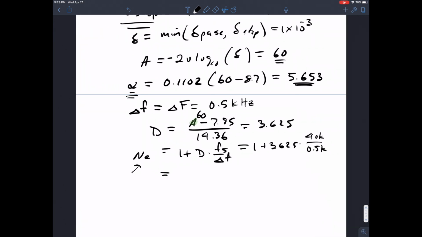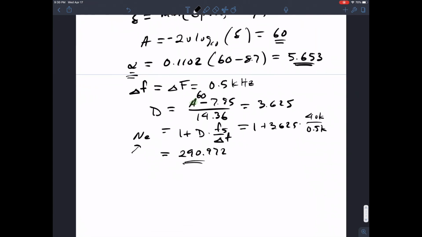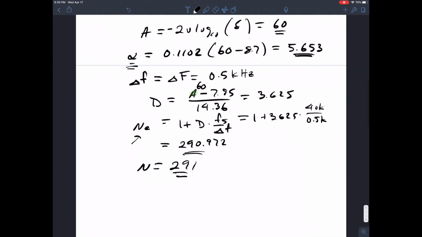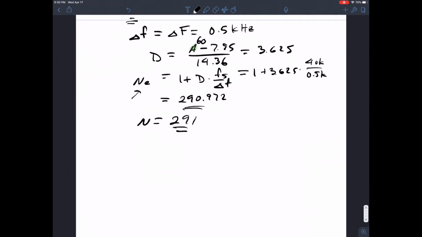All right, and you get 290.972. All right, so what we do from there is take this to the next odd value. Okay, so N is equal to 291. All right, so I told you these FIR filter orders can get pretty large.